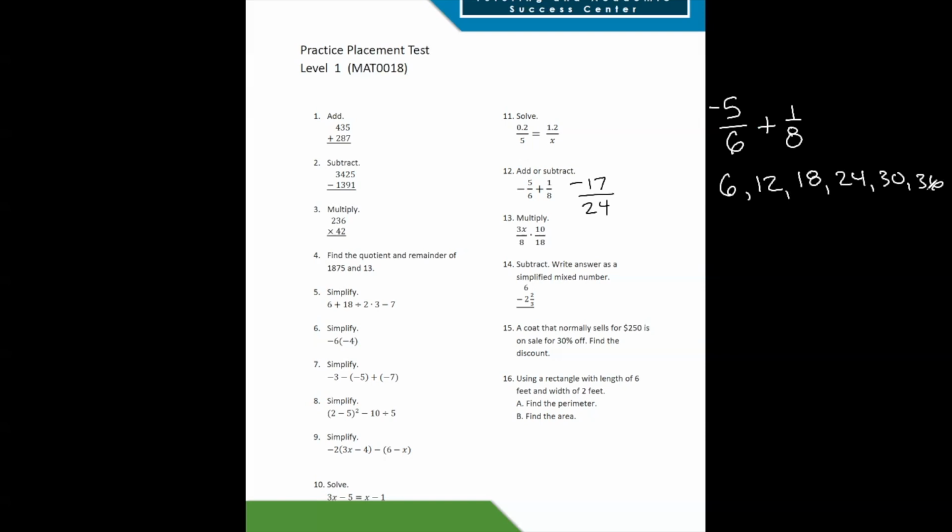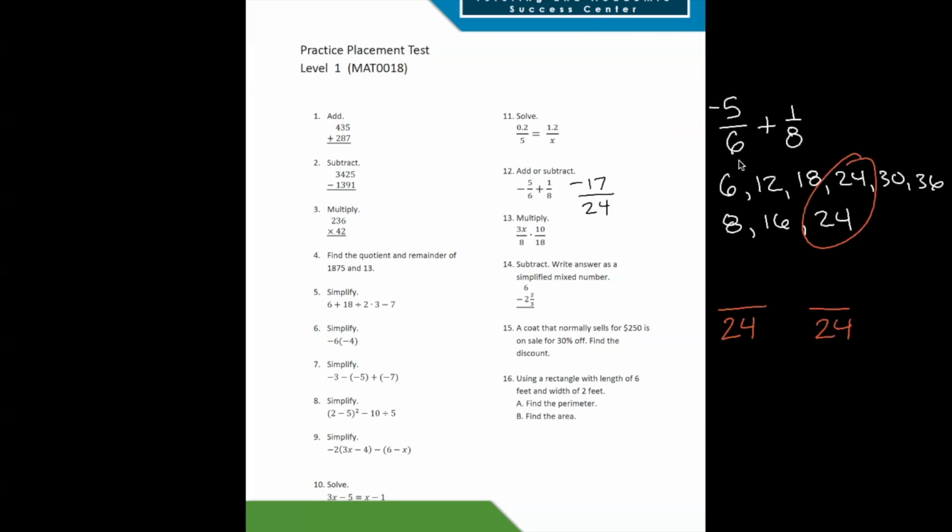I think that should be enough. I can always add more if I need to. Then I've got 8, 16, 24, and I'm going to stop right there because I found one that they have in common, which is 24. So that means on the bottom of both of my fractions, it's going to be out of 24.